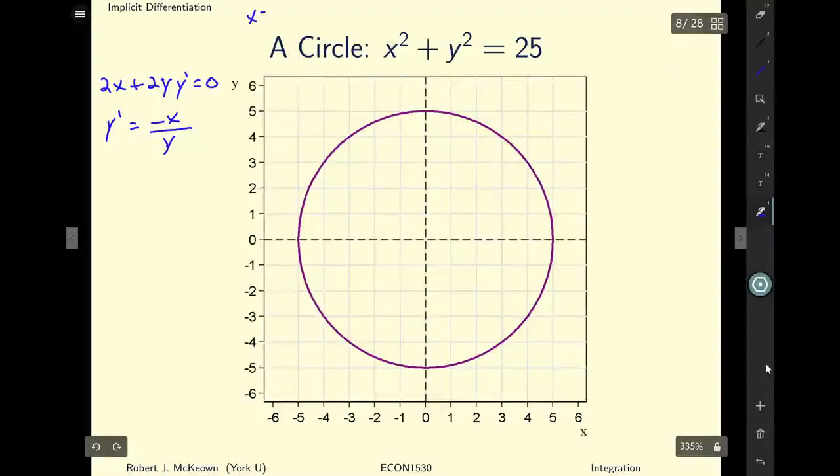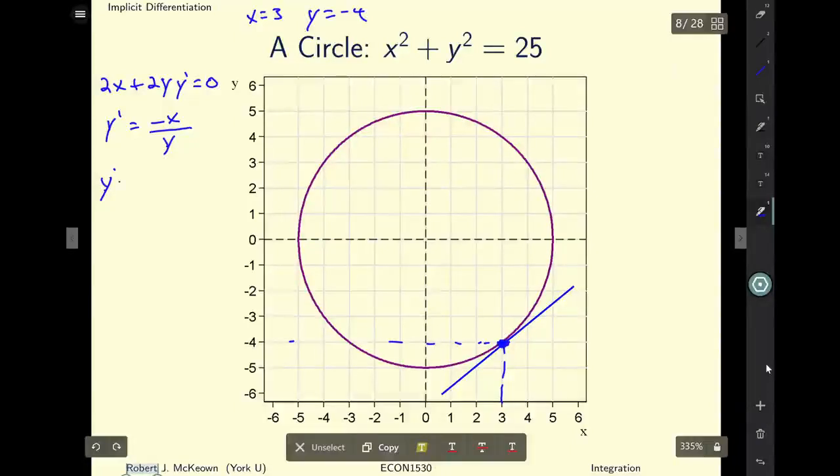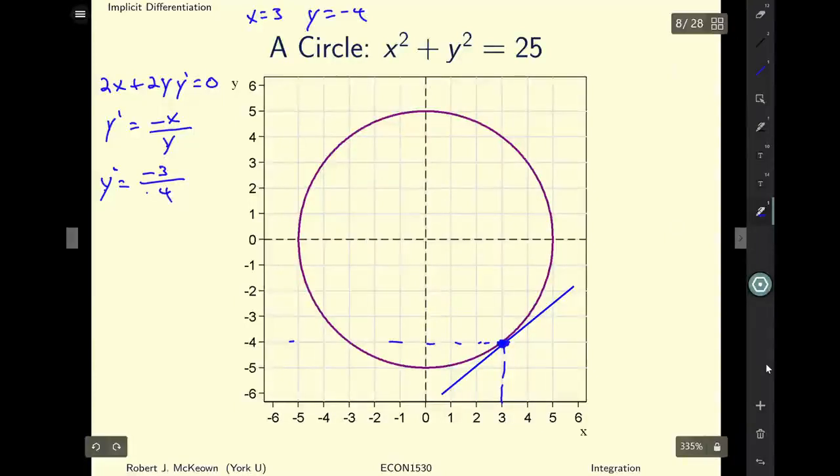Now, if x equals 3 and y equals negative 4, this is our point right here. And we want to find the slope of this tangent line, and we get y prime is equal to negative 3 over negative 4, which is equal to 3 over 4. And you can see that the tangent line is upward sloping, and 3 over 4 looks pretty reasonable.